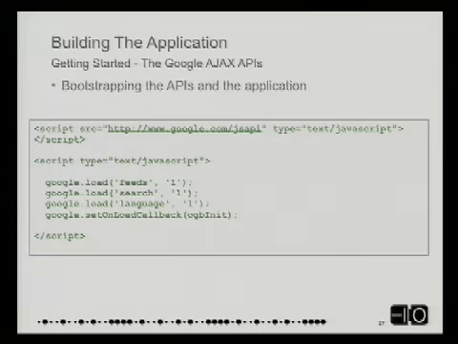Once you have the bootstrapper loaded, the JS API loaded, you can simply say google.load. And so I load feed, search, language, and then I'm going to set an onload callback. So when all that stuff is available, I want to know. The application that we're designing today is fairly simple. It's fairly lightweight. And so that's all we're going to need.